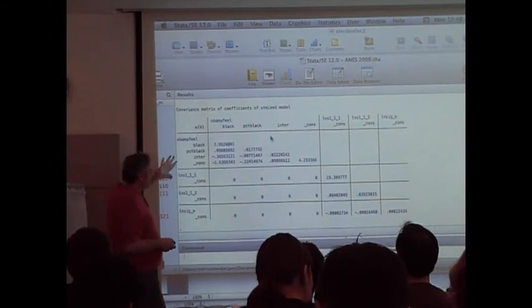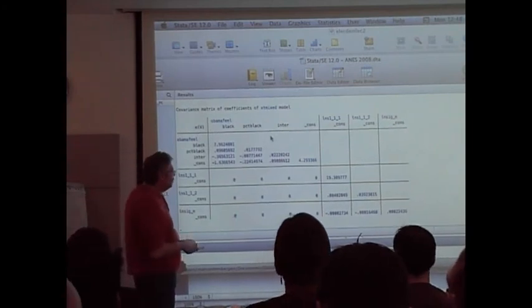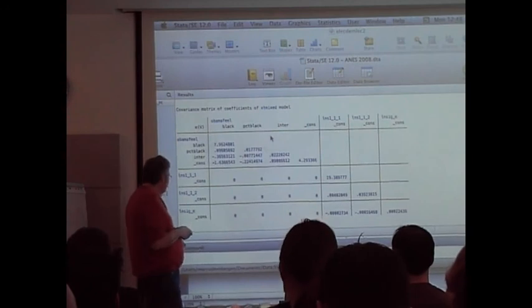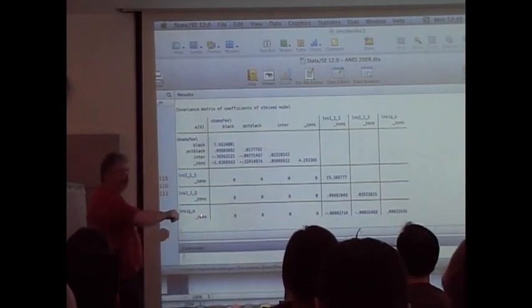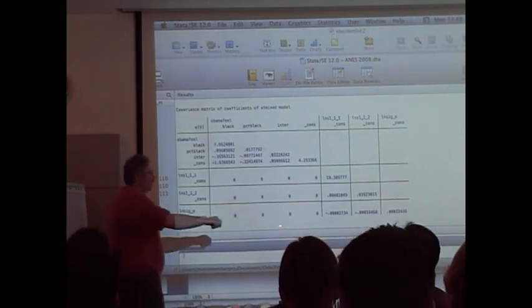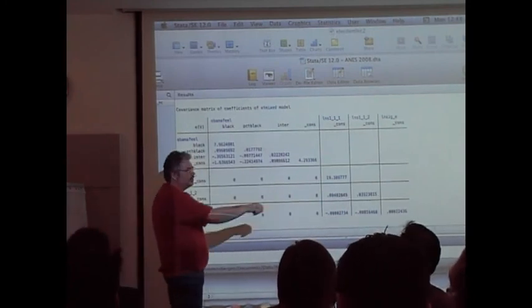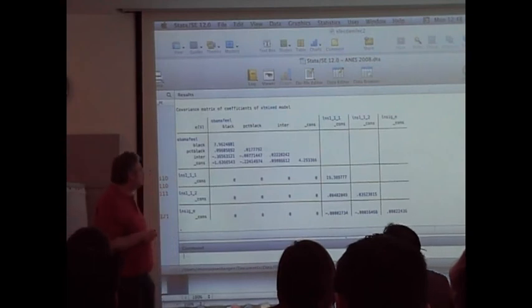And this portion you can ignore for what we're doing because that's the variance-covariance of the estimates of the various components.